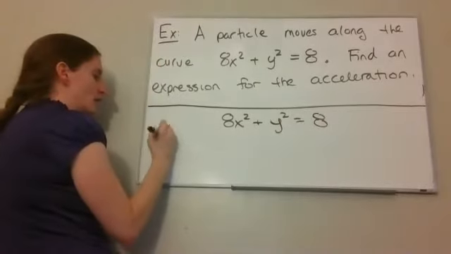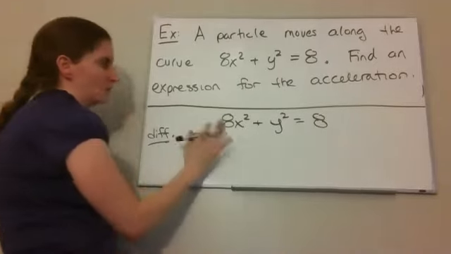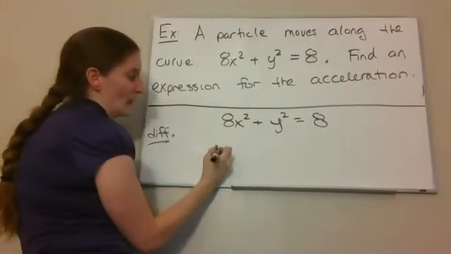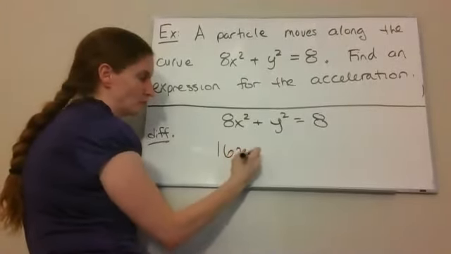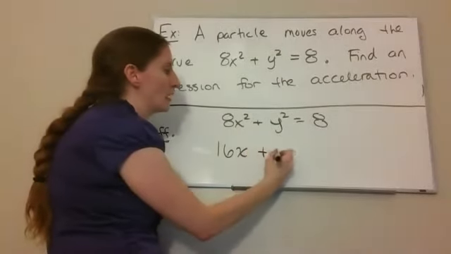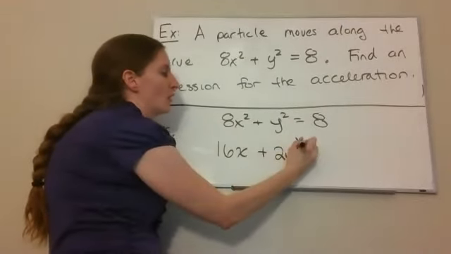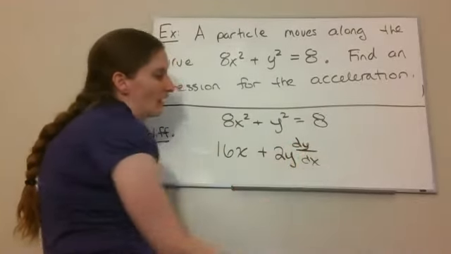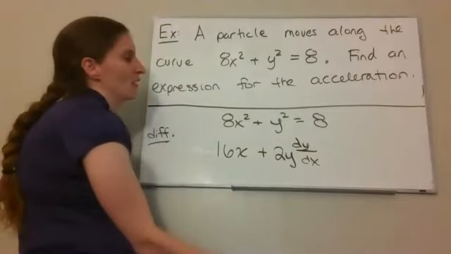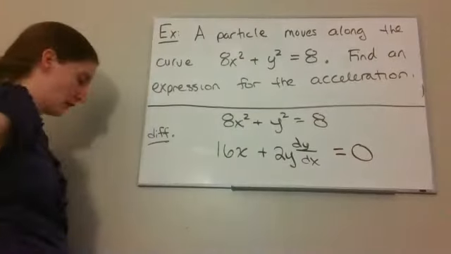And we're going to differentiate both sides of the equation. Derivative of 8x squared is a power rule, 16x. Derivative of y squared is a power rule to get 2y, but you also need dy dx. Don't forget to take the derivative of 8 to get 0.